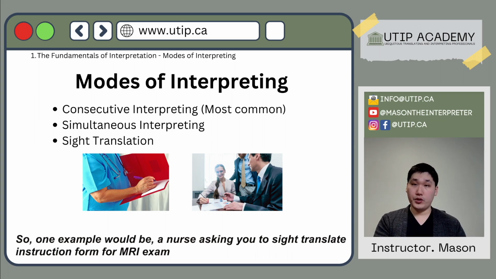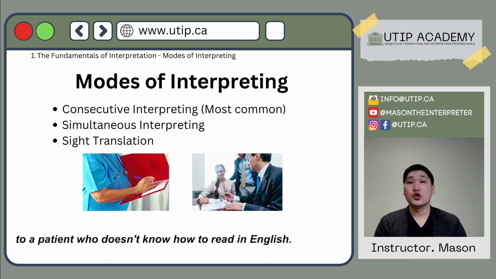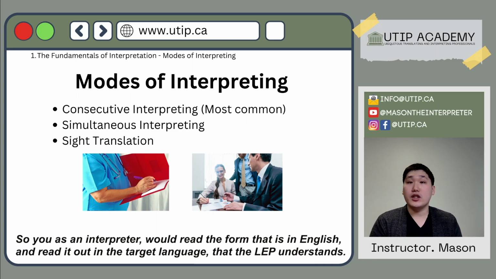So one example would be a nurse asking you to side translate an instruction form for an MRI exam to a patient who doesn't know how to read in English. So you as an interpreter would read the form that is in English and read it out in the target language that the LEP understands.